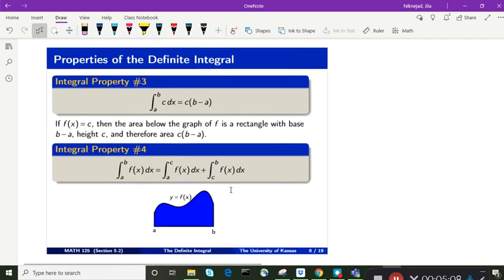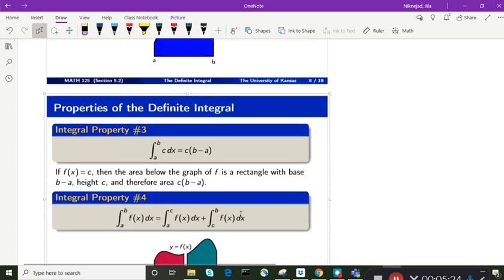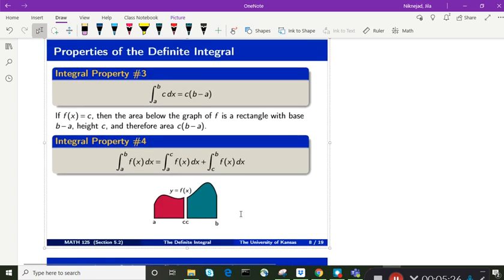And so here's the picture. Let's imagine this is the integral from a to b of f of x dx. The area underneath this is that integral. Now let's find a point c between a and b and break the area into two pieces.